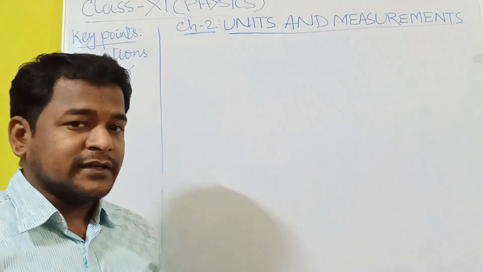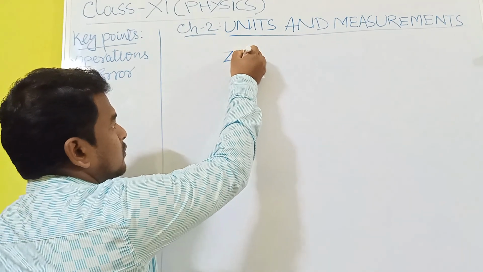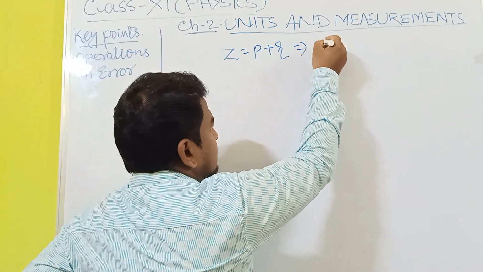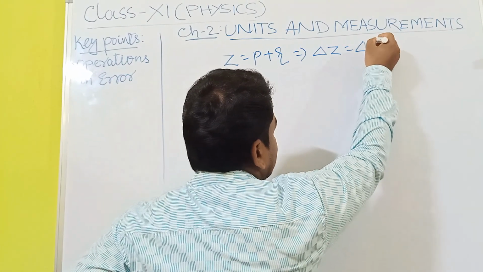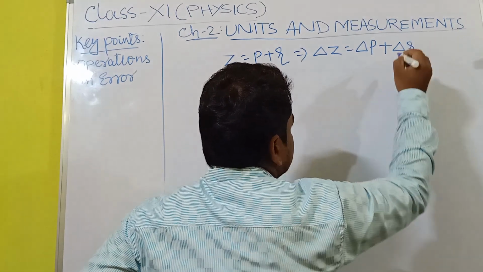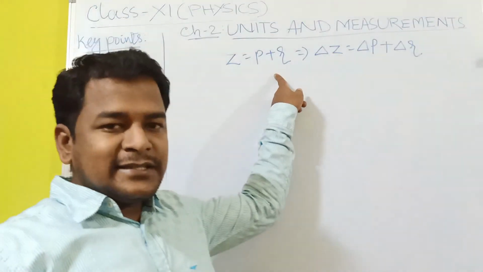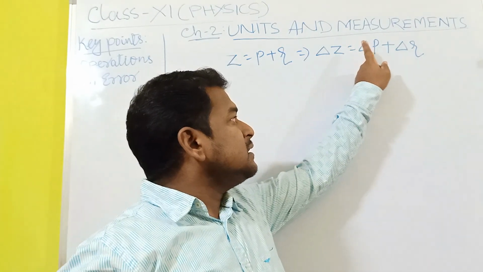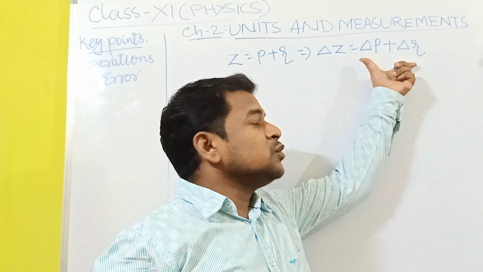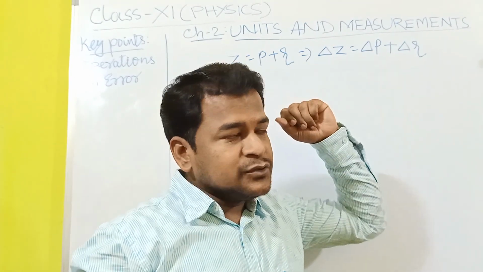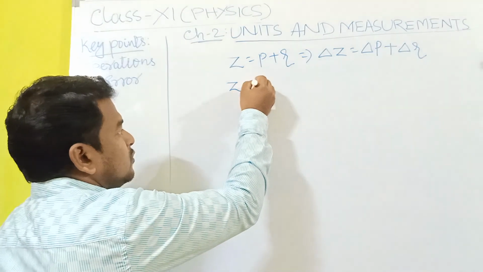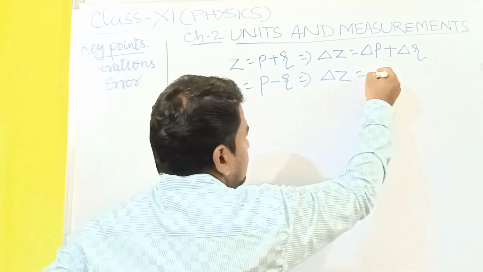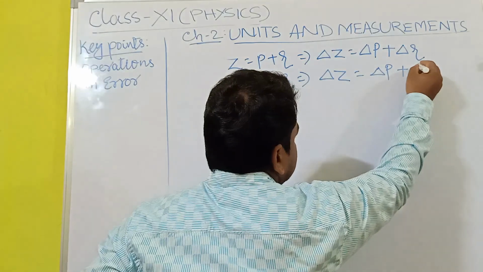So we concluded that if z equal to p plus q, then delta z equal to delta p plus delta q. Means in case of addition, we are getting the absolute error, and which is the sum of the two absolute errors of the given values. Suppose z equal to p minus q, then delta z equal to delta p plus delta q.